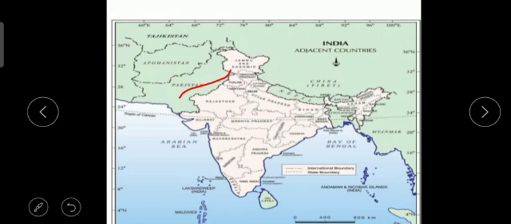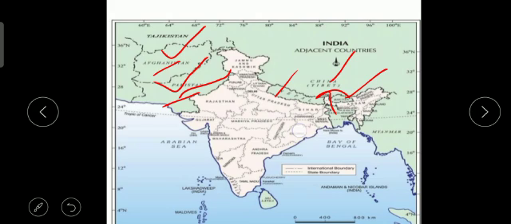the northwest, India shares a border with Afghanistan and Pakistan. In the west and north side of India, there are two countries that share a border with India, that are Afghanistan and Pakistan. In the north of India, there are three countries that border India, that are Nepal, China and Bhutan.